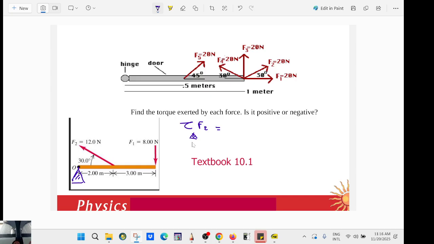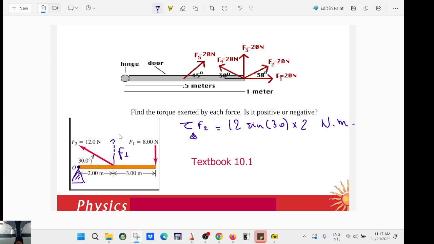So that will be the force, but it's the perpendicular component, so it's going to be sine 30, and the distance is times 2. The unit is Newton meters. Then you take your right hand and you look only at this force.